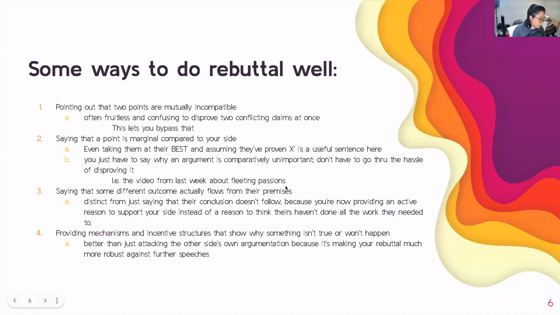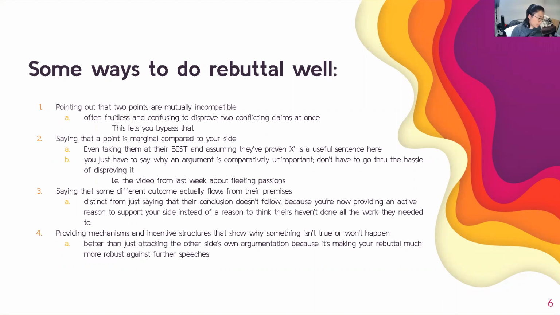And this is usually where you're able to co-opt a lot of the benefits or harms that another team might be talking about. The fourth is providing mechanisms and incentive structures that show why something isn't true or won't happen. And this is better than just attacking the other side's own argumentation because it's making your rebuttal much more robust against further speeches, right?